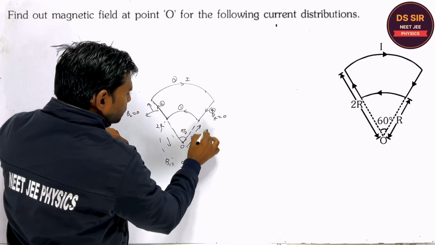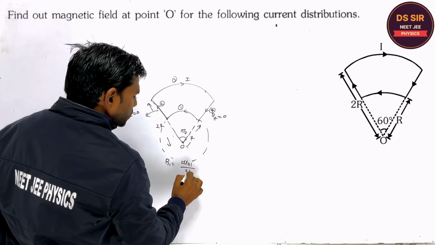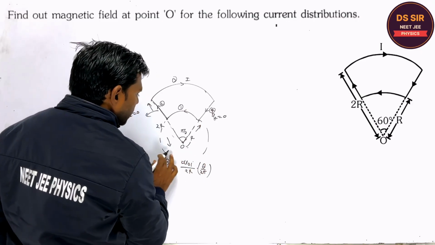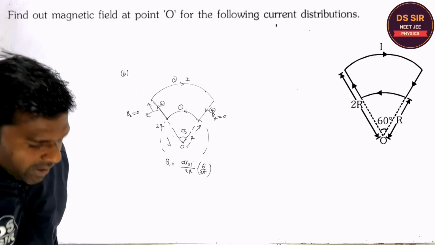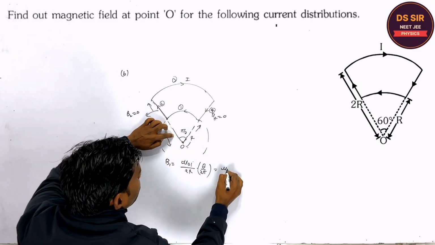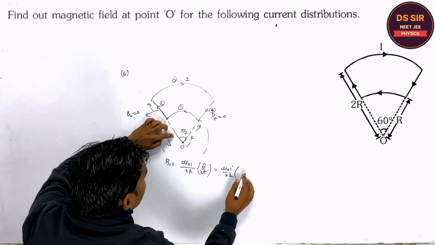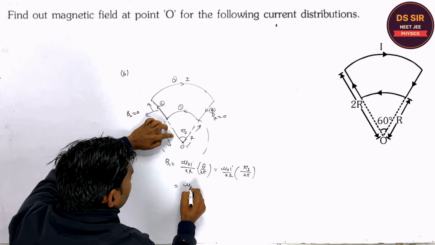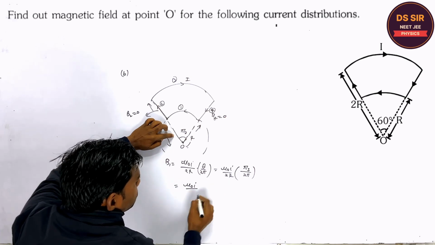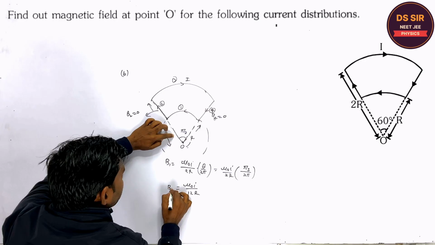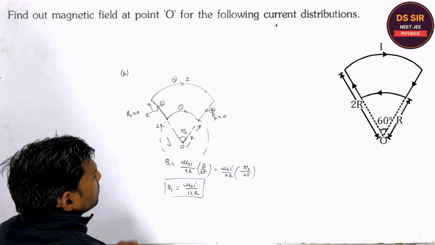First consider the complete circle, it is mu naught I upon 2r times theta upon 2 pi. Is it clear or not? Yes. And theta is pi by 3, so mu naught I upon 2r times pi by 3 upon 2 pi, which is mu naught I upon 12r. It is B1. Is it clear or not?